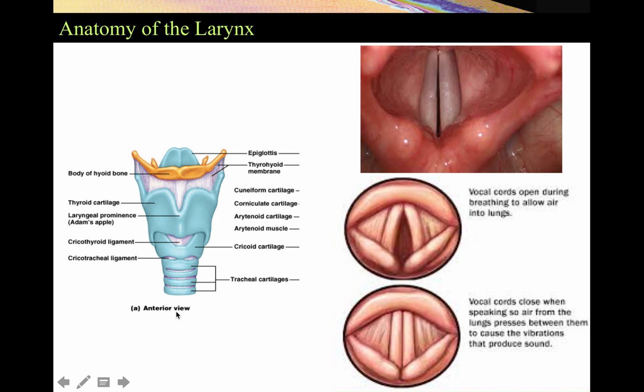So let's take a look at this. Here is an example of the vocal cords. What you have here is an open glottis. This space right here is the glottis. It is open when you want to allow the air to move in and out of your lungs, so the glottis stays in an open position.